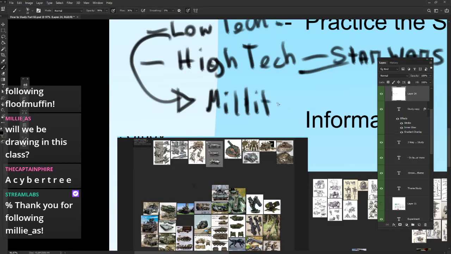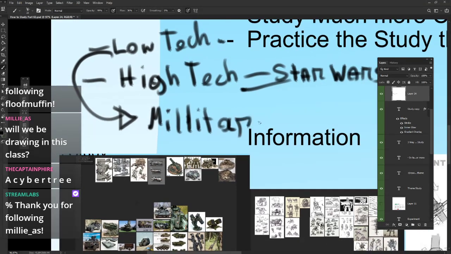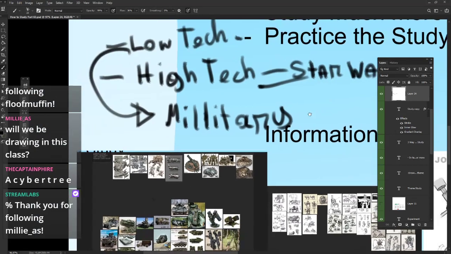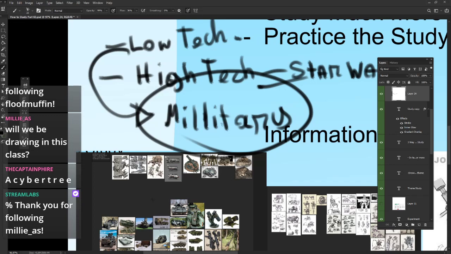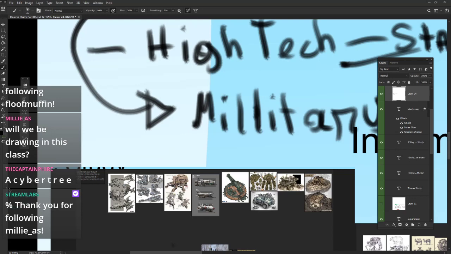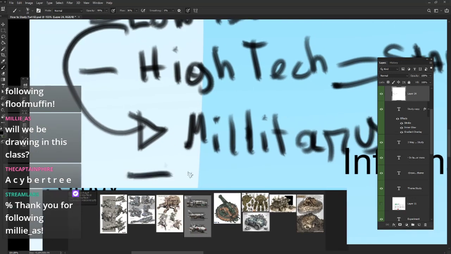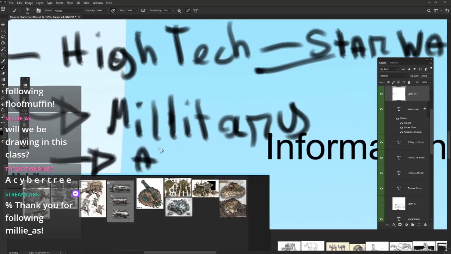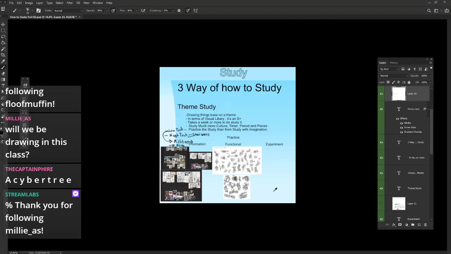Or if you go out and you see just a car, I would still put it into the category of the military because it's low tech. You can also call it low tech. So yeah, and alien tech, which is much more organic. Alien. Just to summarize what I studied, everything.